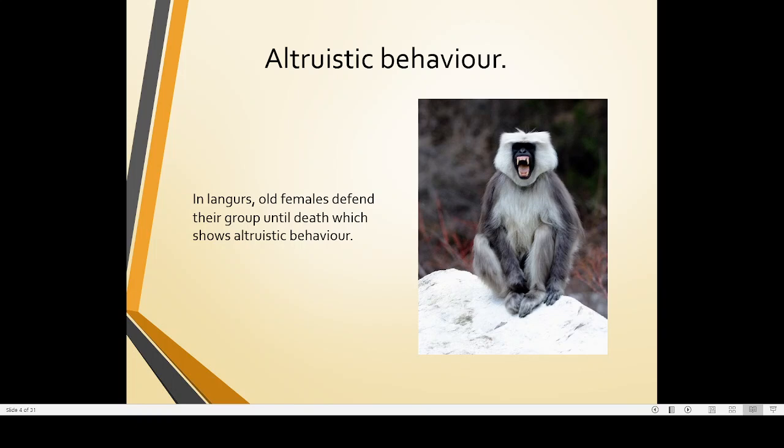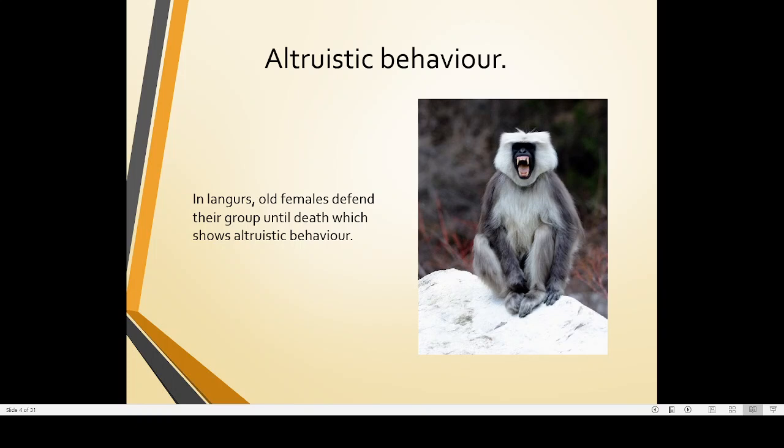Here you can see a langur, and in case of this langur, they exhibit a very strange behavior known as altruistic behavior. That is, when predators are attacking their babies or their colony, the older members of the colony will be fighting with the predator like a lion or a tiger or a leopard, and even if it causes death to them, they are not bothered.